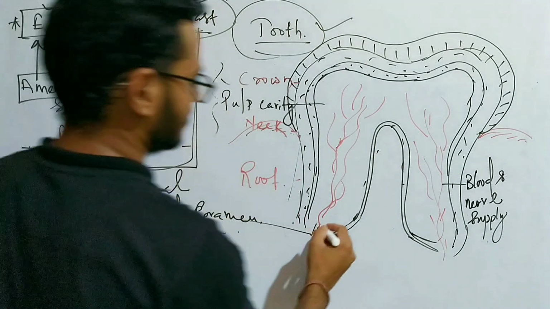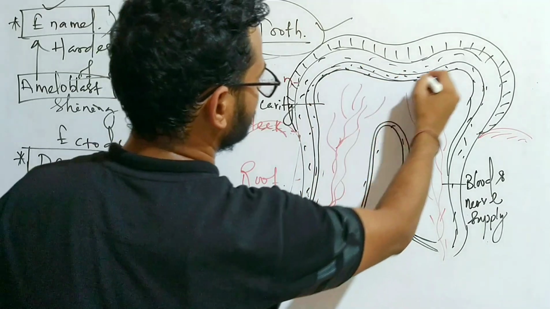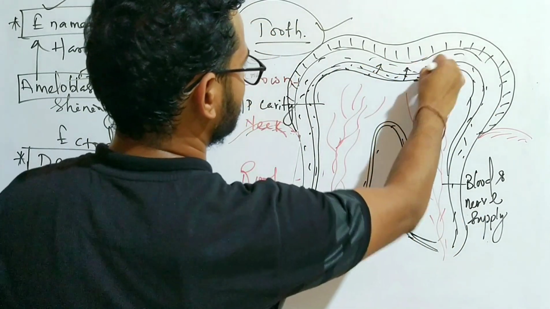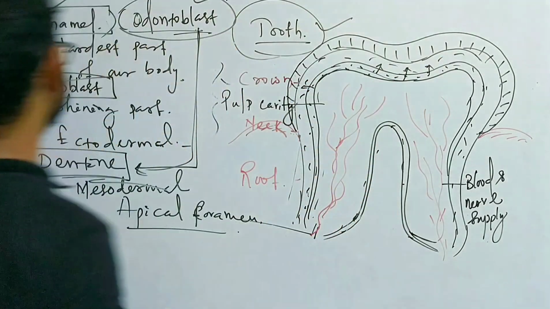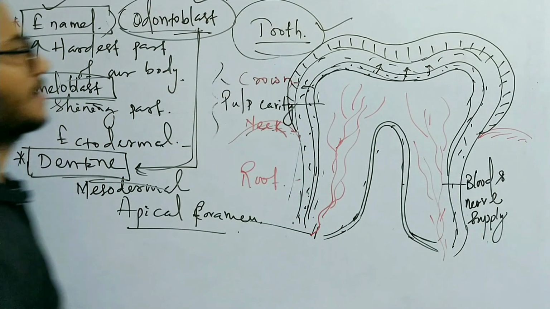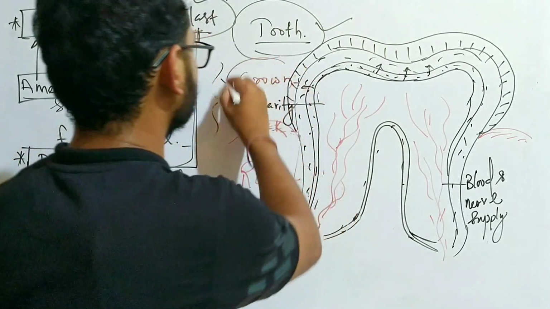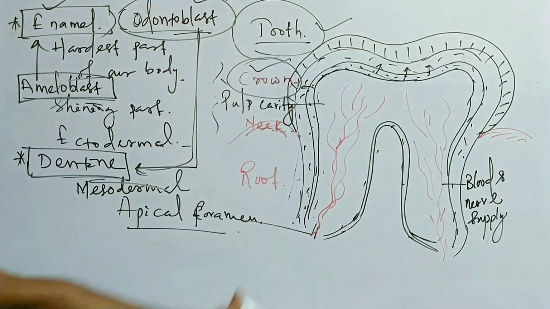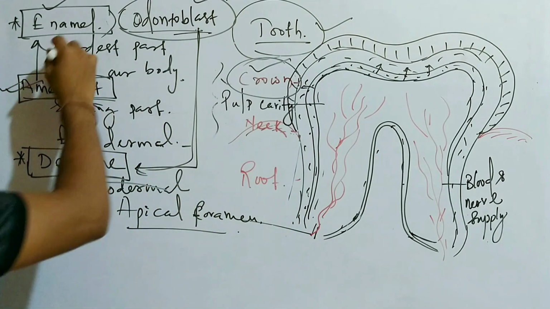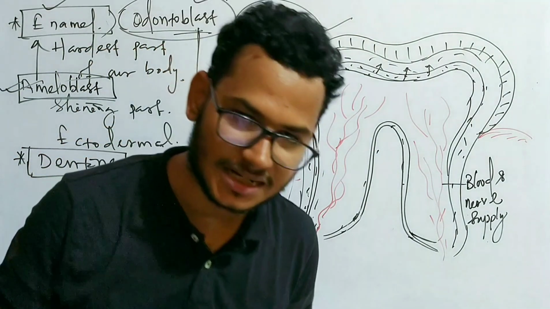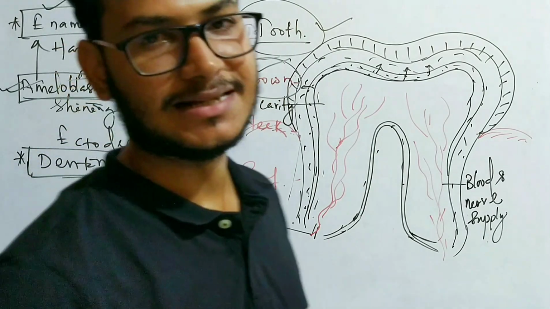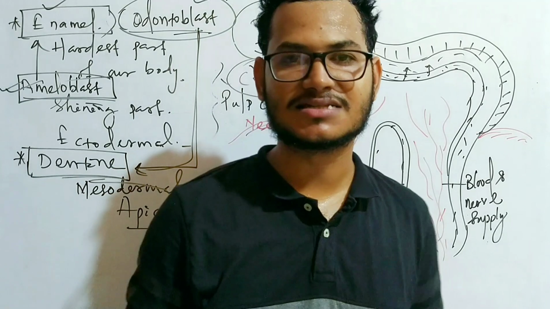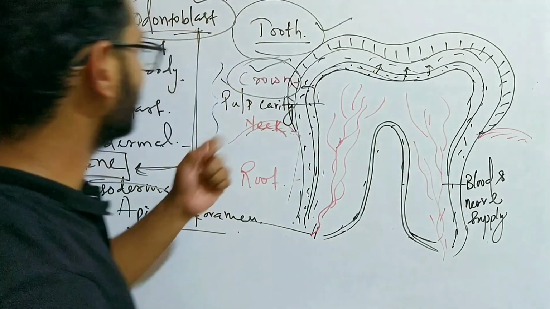So odontoblast is the layer present throughout the tooth that secretes the layer which is called dentine, and the ameloblasts are present in the crown region only, because the enamel is present in the crown only. So ameloblast cells help in the secretion of the hardest part of our body, that is our enamel, the hard shining calcareous layer on the crown region.